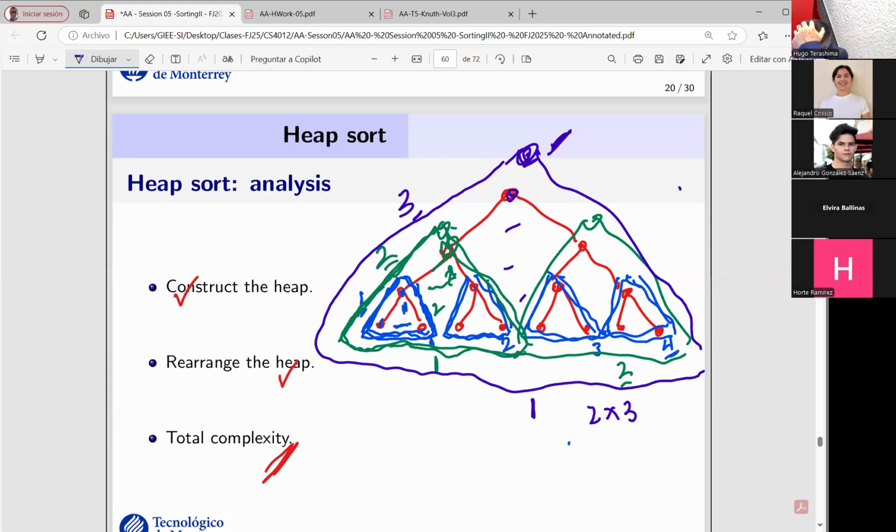So is that understood? Understood the way you construct the heap? Does this guarantee that at the end you have a heap of this size? Right? So on one side, again, I have one node, and for each node, I'm going to use two comparisons, right?